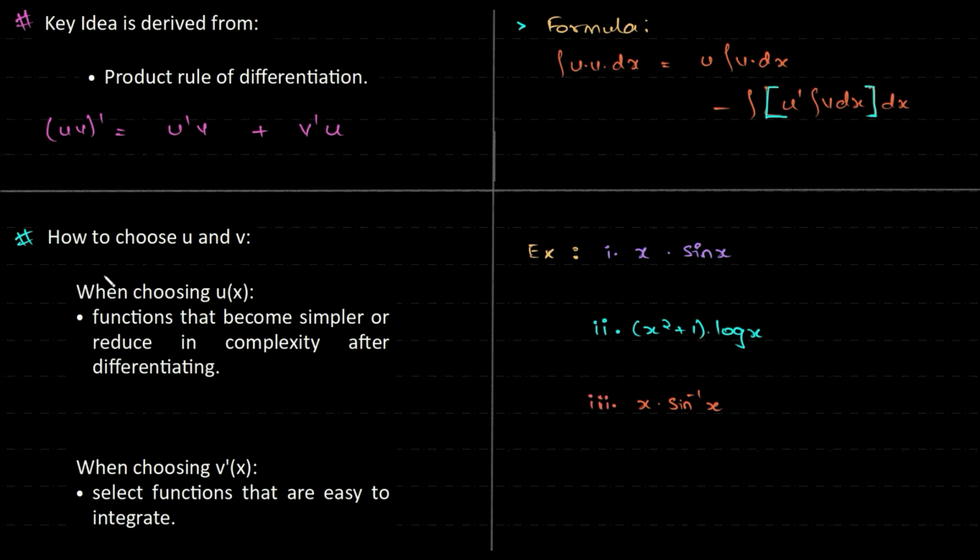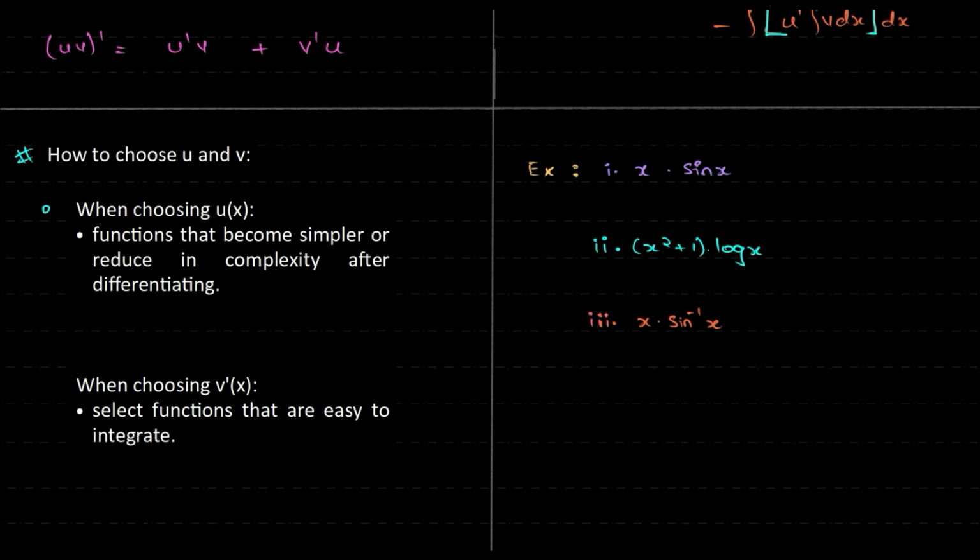So we have to choose u as the function that becomes simpler or reduces in complexity after differentiation. Commonsensical point. While v, or in this case v prime, so I'll call it v only, would be the one which makes it easy for us to integrate, right?